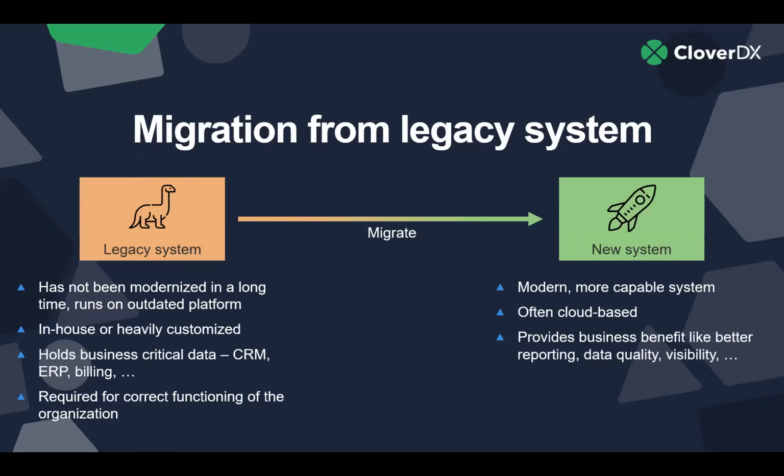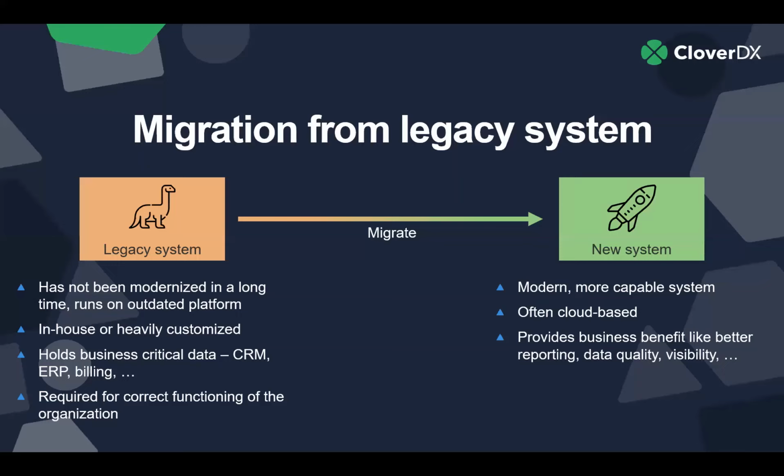There are, of course, many different kinds of migration that you can do, and I will specifically talk about the ones where you are migrating from something that's fairly old, meaning that you often have challenges even finding people who understand the system. It might use outdated technologies, which might actually even be the reason why you want to move away from it. And the new system that you have is something that's modern. Frequently, it's cloud-based, as SaaS tools nowadays are very popular when migrating from pretty much anything.